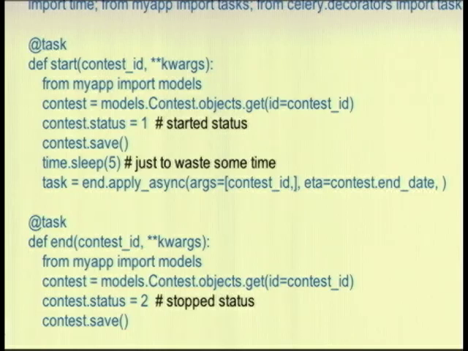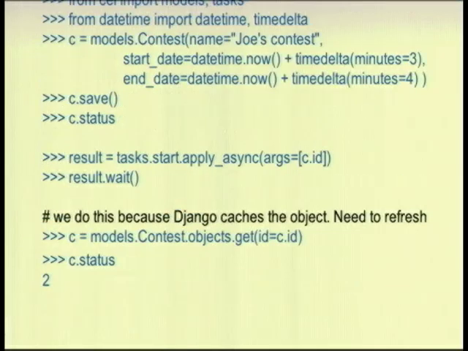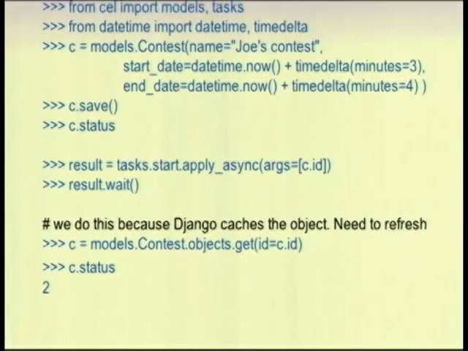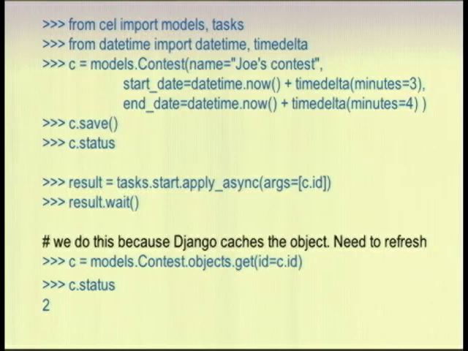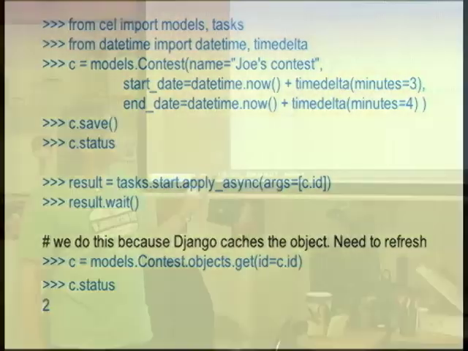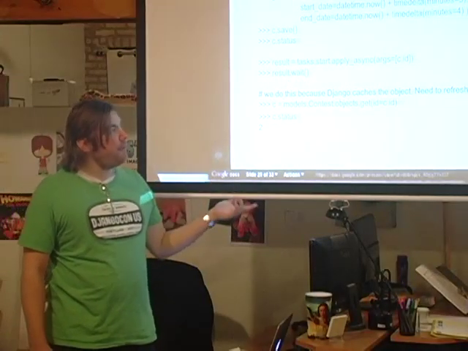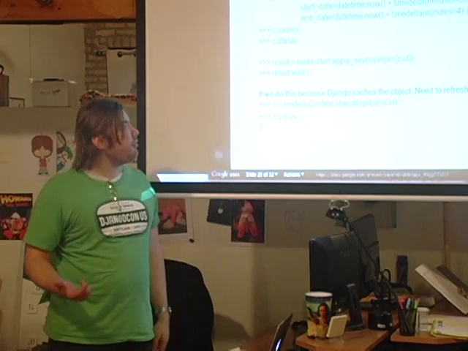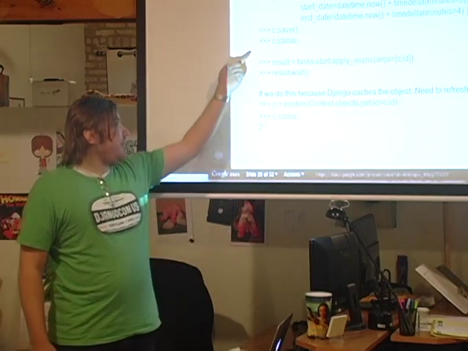That's one approach. So to run this, I am creating a fake, or just a test contest, and I'm setting a start date and end date to be 3 minutes and 4 minutes in the future, and saving it.